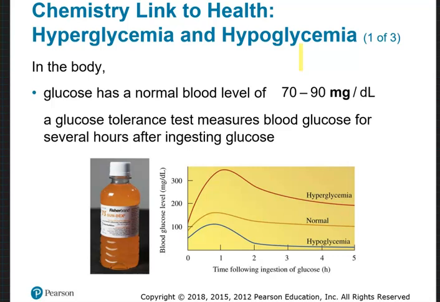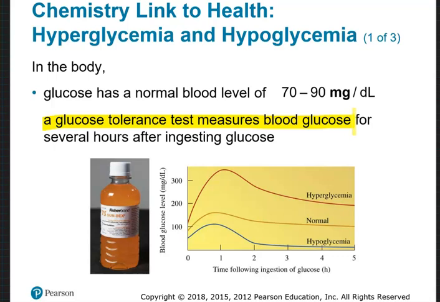Okay? Now, to test whether or not a person has diabetes or pre-diabetic state, the glucose tolerance test is performed. So, as a person who actually did perform glucose tolerance test, not on humans but on mice, some of that stuff is not entirely correct in terms of the graph. Here's what happens.